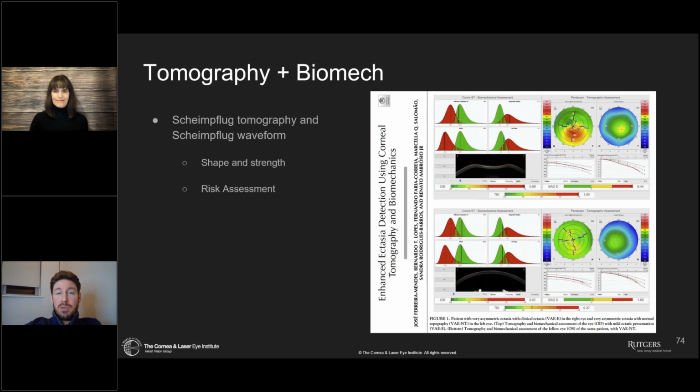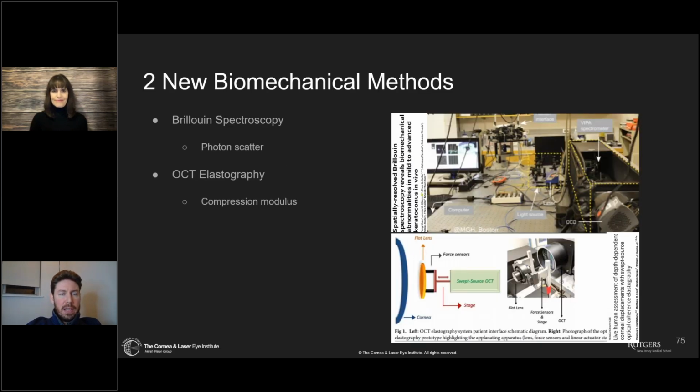So in individuals who we may have said, hey, you have a totally normal corneal shape, but they have abnormal corneal biomechanics, those individuals may be at more risk of keratoconus. And if we go to the next one here, what we'll see is the two biomechanical methods that we talked about at the beginning of the presentation. These are really in laboratory settings only.